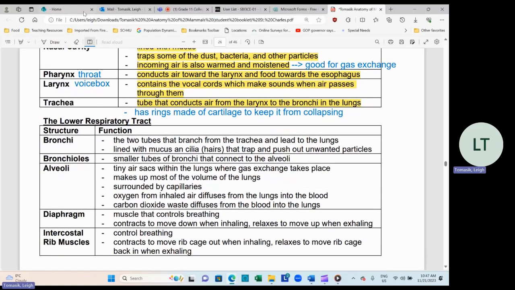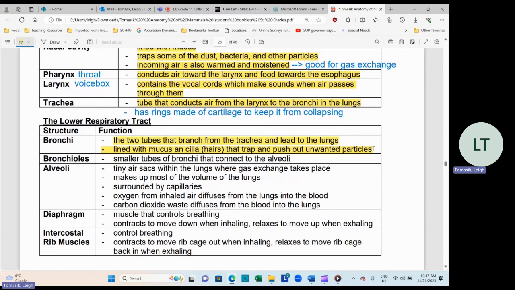consists of your bronchi, which are the two tubes that branch from the trachea and lead to the lungs. So just like the trachea, they're lined with mucus and cilia, which are hairs that trap or push out unwanted particles. If you are a smoker, your bronchi are working very, very hard to get the tar and other things out of your lungs that you have voluntarily breathed in, right?